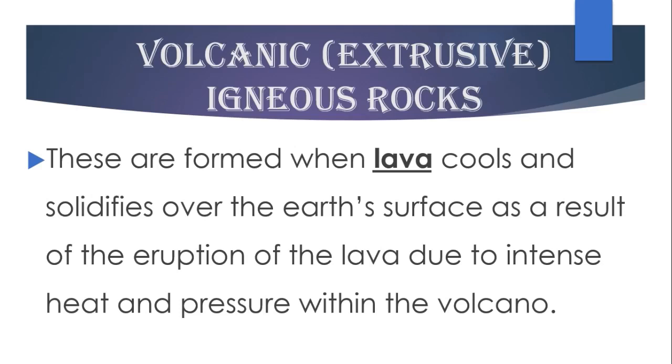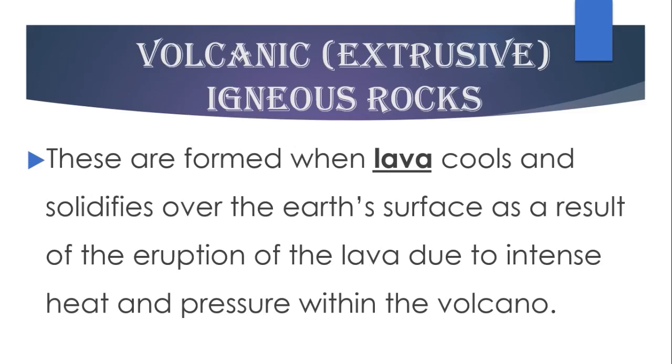Now once it cools down, it forms a different type of rock, which is known as a volcanic igneous rock. It's also known as extrusive igneous rock because the cooling occurs externally. It occurs on the Earth's surface. Extrusive.